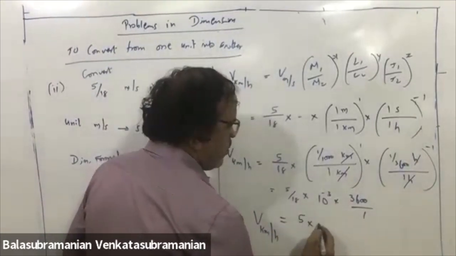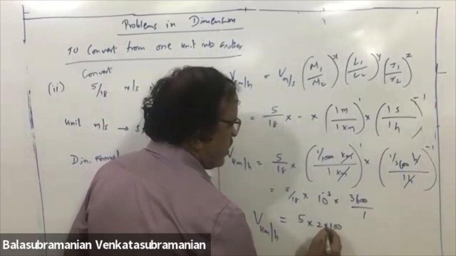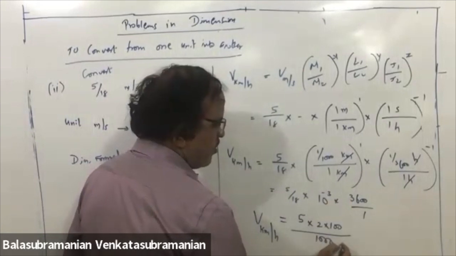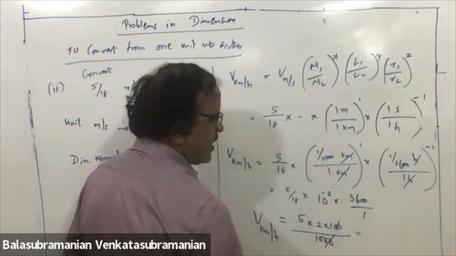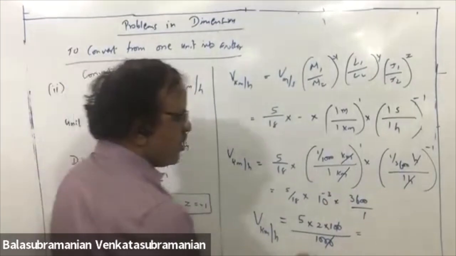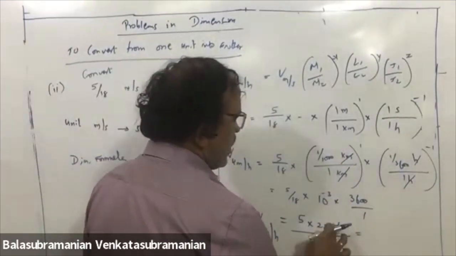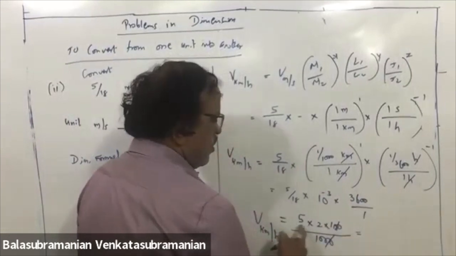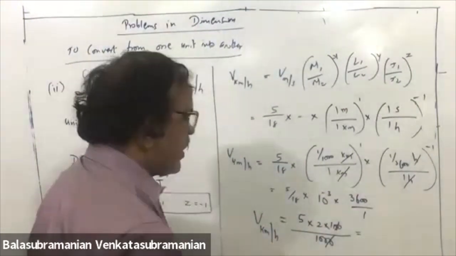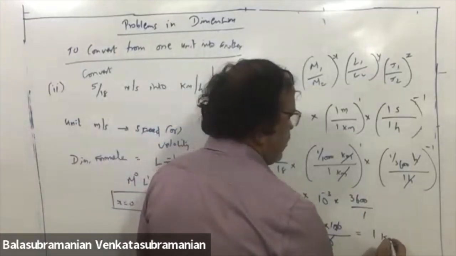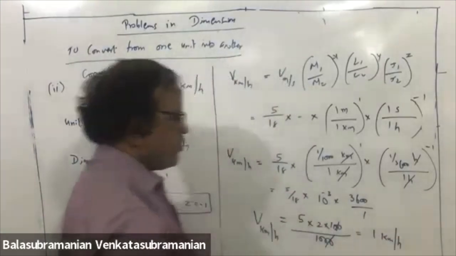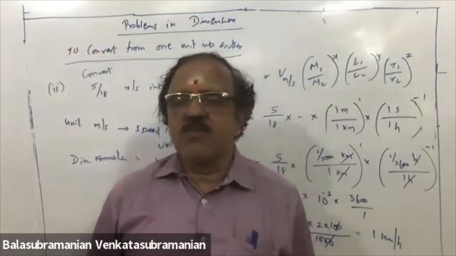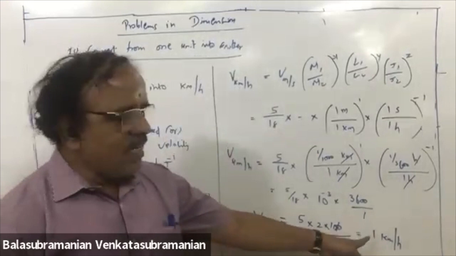So 5 into 2 into 100, divided by 10 power minus 3 as 1000. One 0 gets cancelled, another 0 is also cancelled. So 5 into 2 is 10, 10 by 10, that is 1 kilometer per hour. So 5 by 18 meter per second is equal to 1 kilometer per hour.